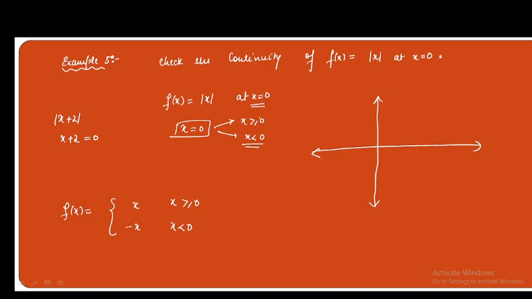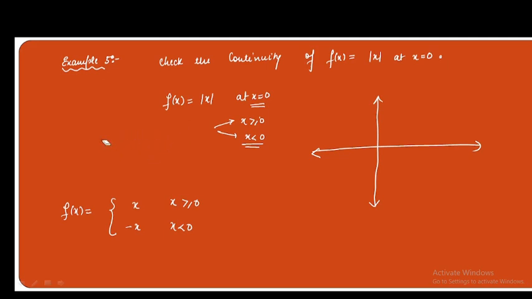I'll put x plus 2 is equal to 0, and then I'll get x is equal to minus 2, and then I'll use two conditions, x greater than equal to minus 2 and x less than minus 2. In this way you have to solve the modulus function. You have to break them into parts.